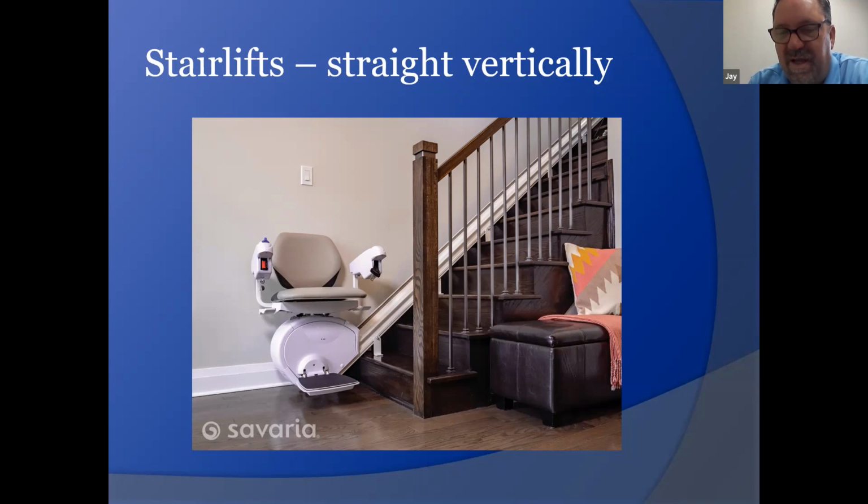Stair lifts are the same thing. They have backup batteries. They'll get you up and down a few times, but if you have a bad storm for a week, there is no long-term solution unless you have a generator. So the majority of any vertical transportation has a backup battery to get you where you need to go in case something happens, but they're not built for long-term power outages.